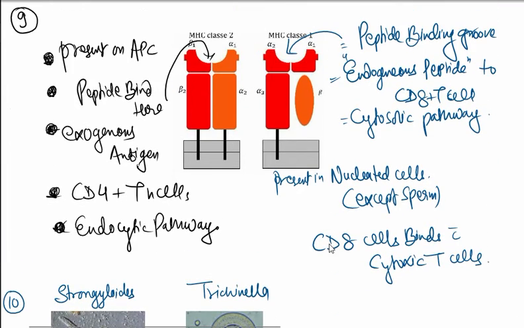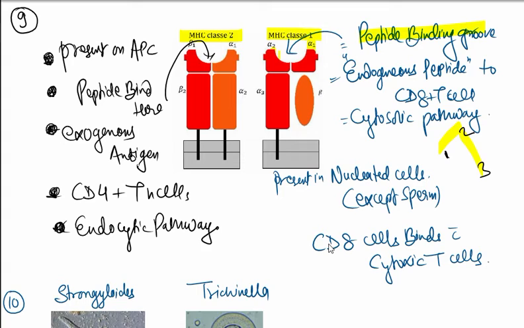Next point is the difference between MHC class 1 and MHC class 2. In MHC 1, the peptide binding groove is between alpha 1 and alpha 2. How can we remember? When we write 1, here is point 1, here is point 2, and here is point 3, all in series.